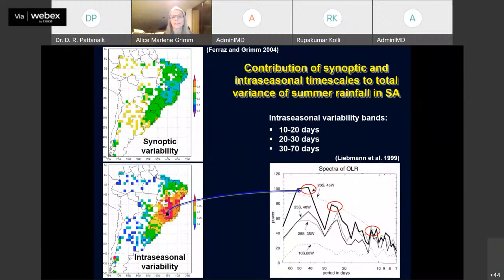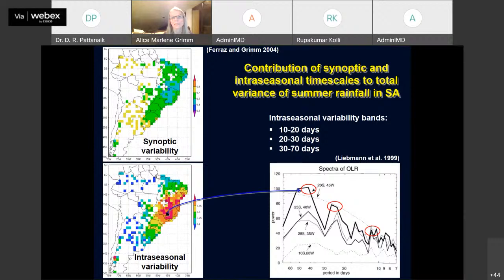Looking at the intra-seasonal variability in this region, it's possible to see that this variability has components in three main variability bands, from 10 to 20, 20 to 30, and 30 to 70 days.